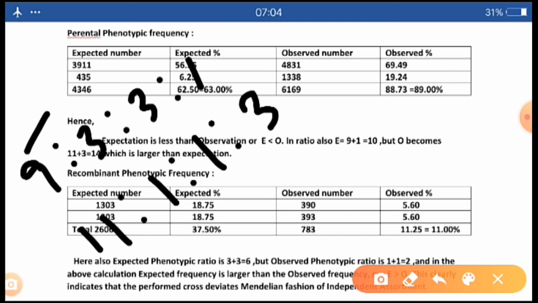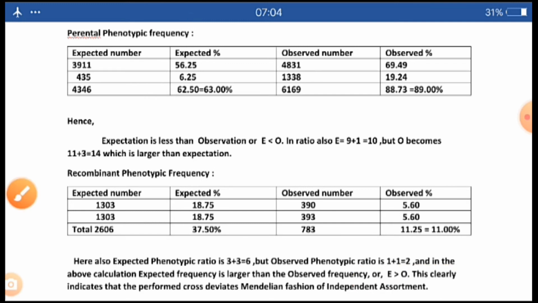So these are the parental frequencies. According to the Mendelian principle, it will be 9 plus 1 equals 10, but the actual observed one is 11 plus 3 equals 14. Here again, O is greater than E.